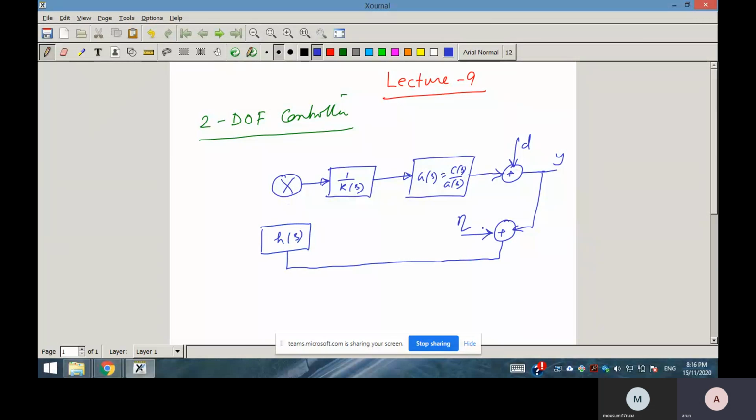So this eta is your noise, measurement noise, and D is your output disturbance or process noise.